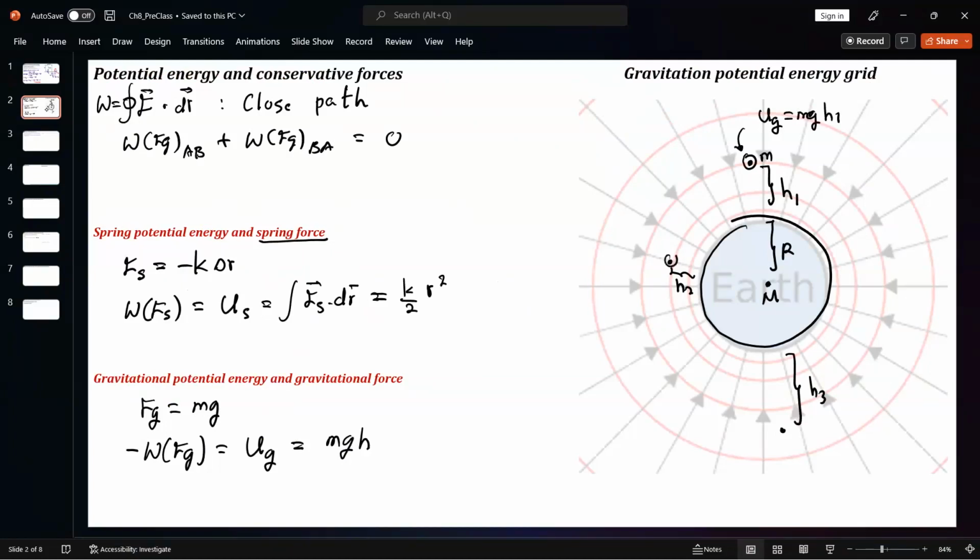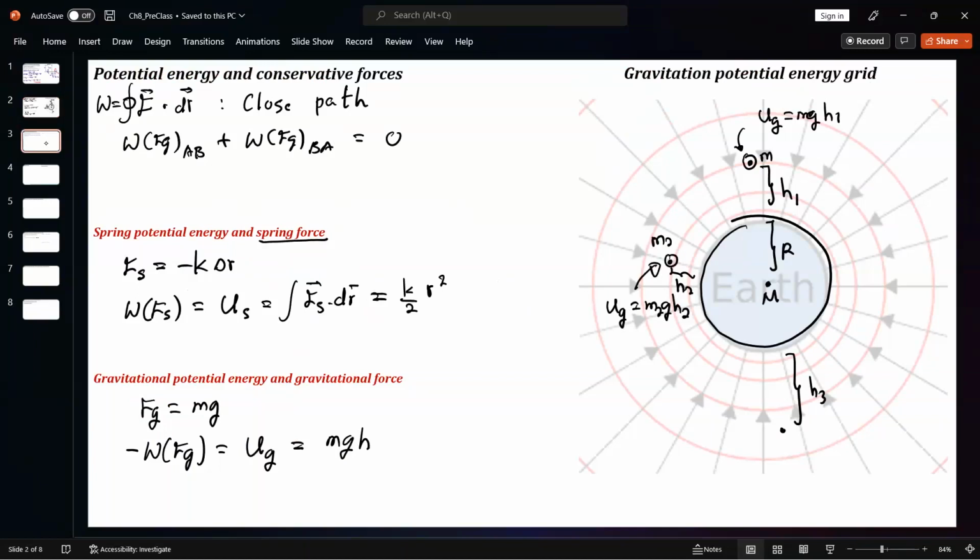If I bring another mass right here, let's consider mass m2, then that object is going to have a gravitational potential energy of m2 g h2, and so on, which means around any mass particle, this potential energy grid can actually be visible. If I know a certain function for that, then we can visualize or simulate how the potential grid looks around the mass particle.